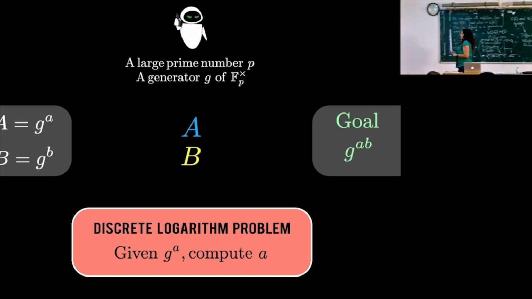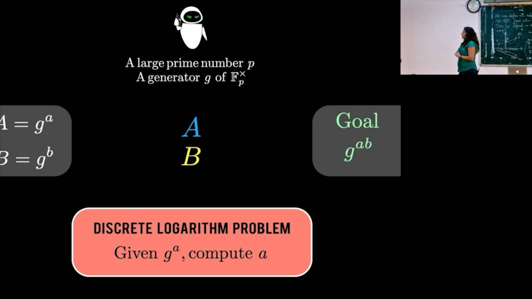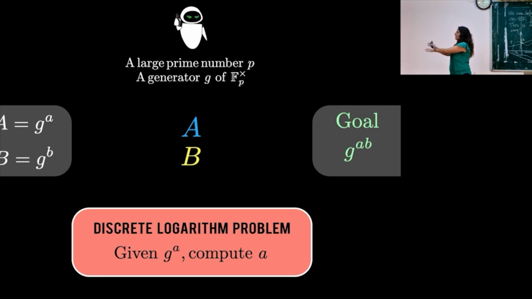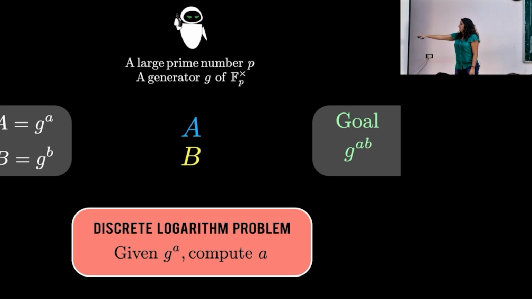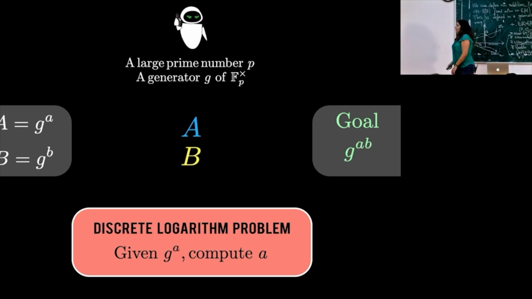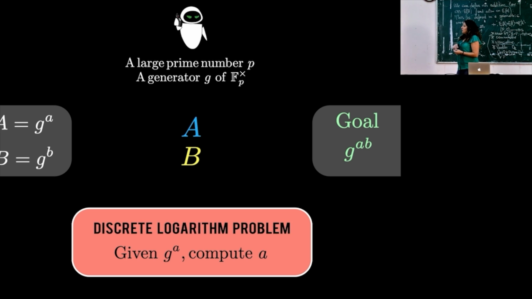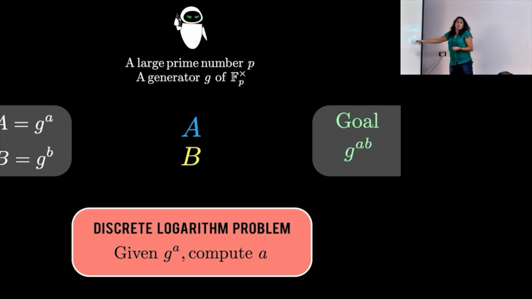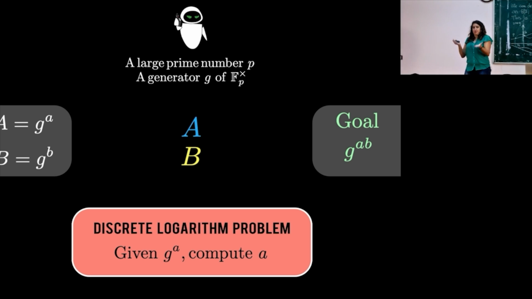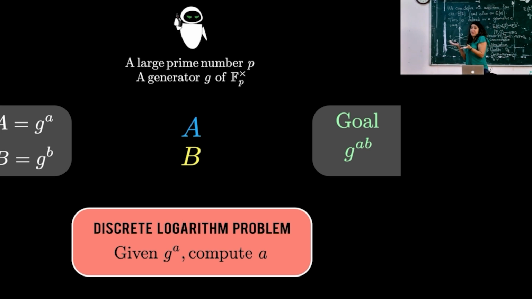From the point of view of an attacker who just sees big A, which I remember is G to the small a, and big B, which is G to the small b, the goal is to recover the secret key. But basically, if they have either small a or small b, the game is done.